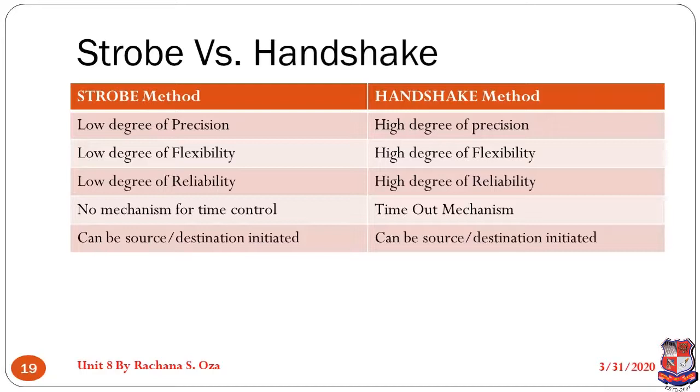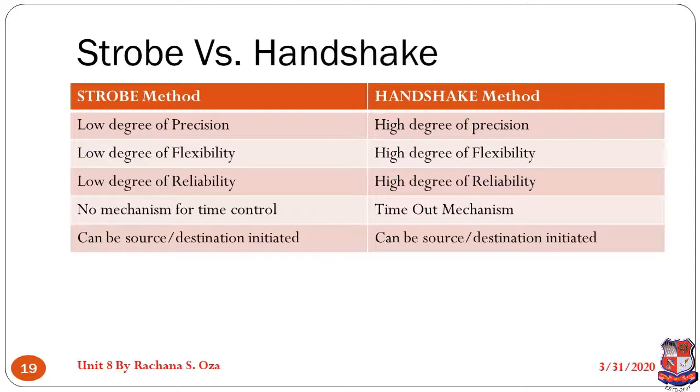Now what do we mean by low degree of precision? There is no accurate measure that data has been read successfully by the receiver entity. Low degree of flexibility means there is no acknowledgement from the next party. Reliability: one cannot rely on the data available on the bus, whether it is valid or invalid data, because the reliability is connected with the strobe signal.